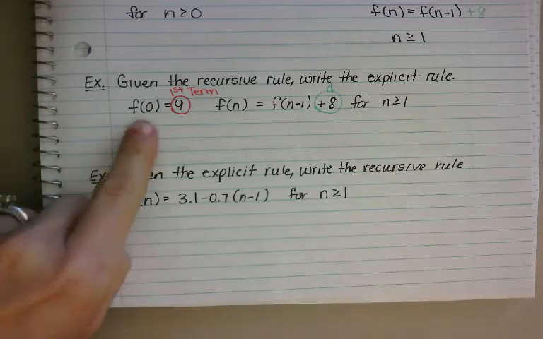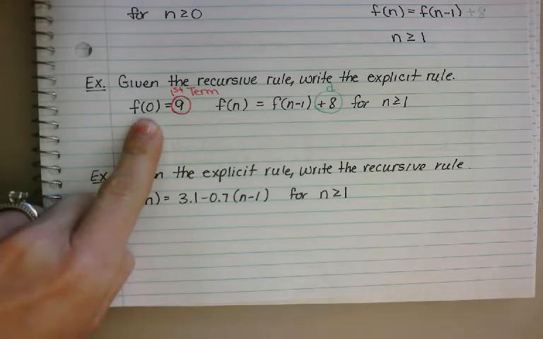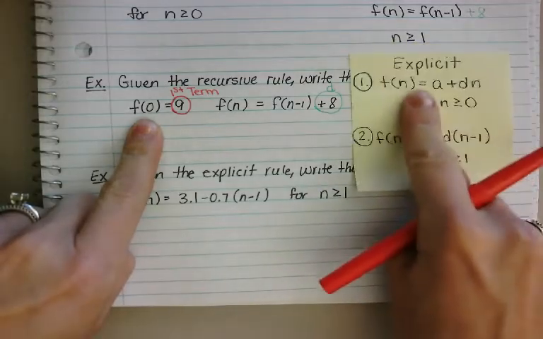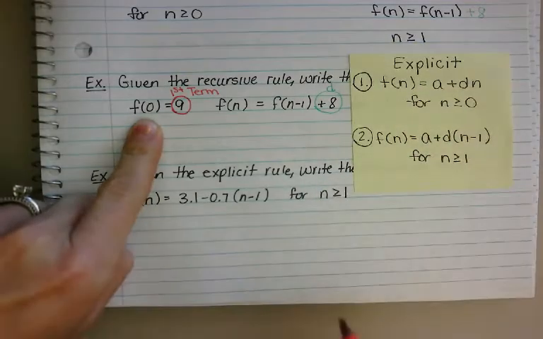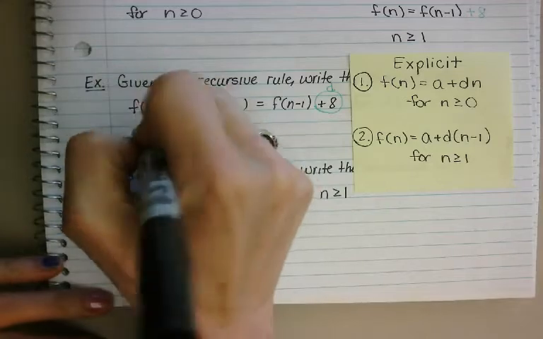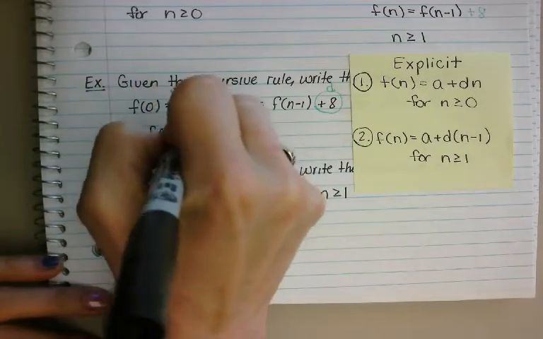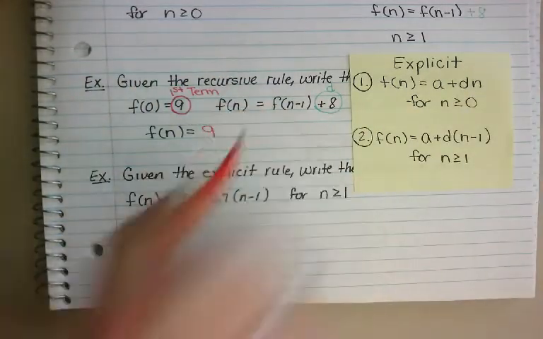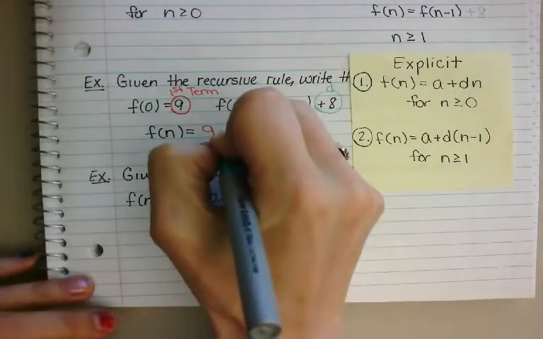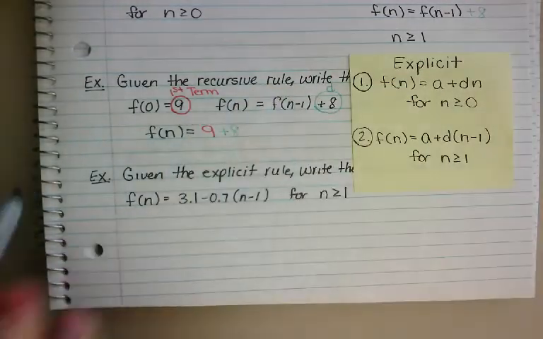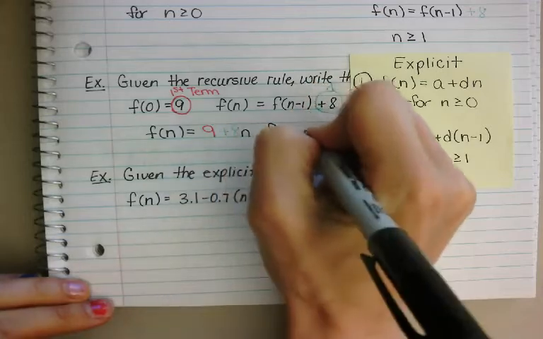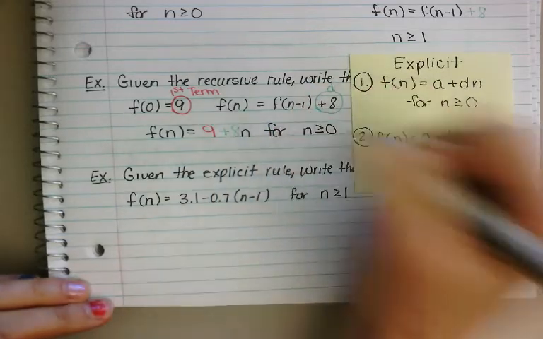So since they're starting off with a 0, I want my equation to look like a plus dn. So I'm going to say f of n equals the first term, so the 9, plus the common difference, which is 8, times n, and we're going to say for n's greater than or equal to 0.